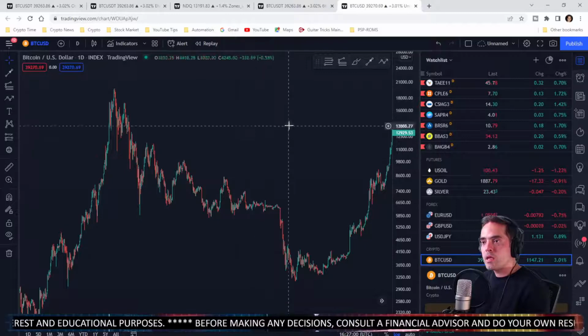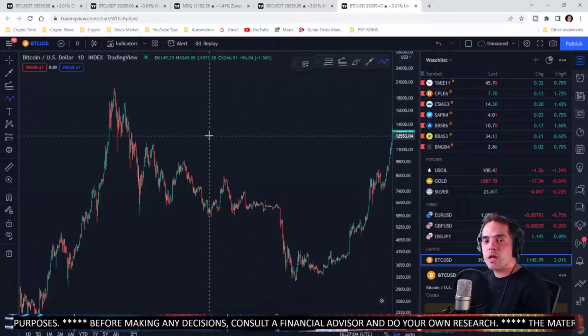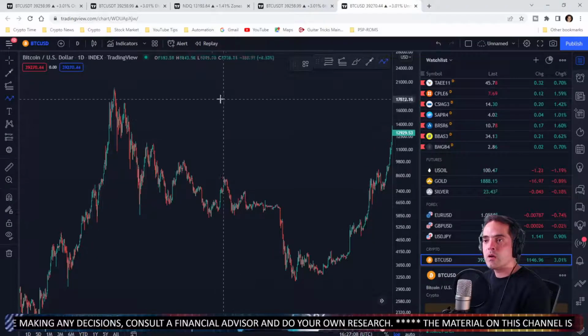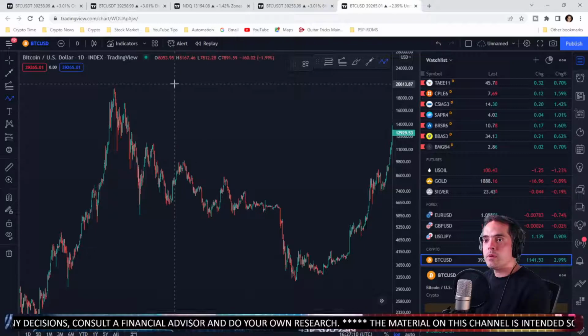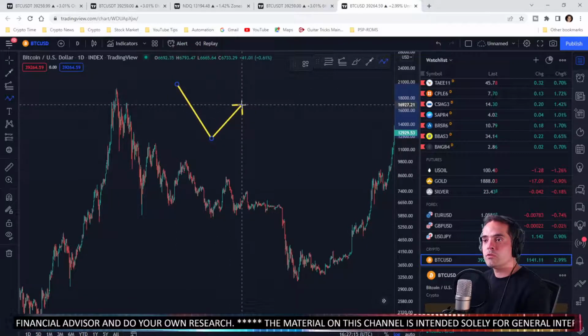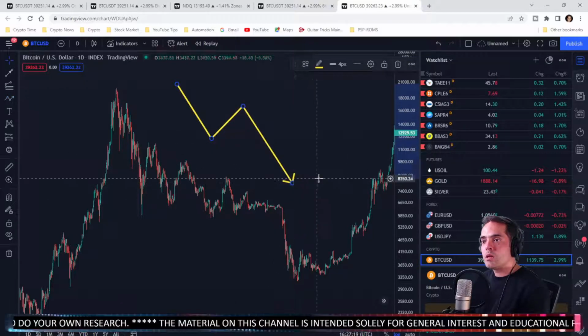The idea is the same, but the only thing that changes is the starting point and the ending point. We know that even in a downtrend the market moves in waves.